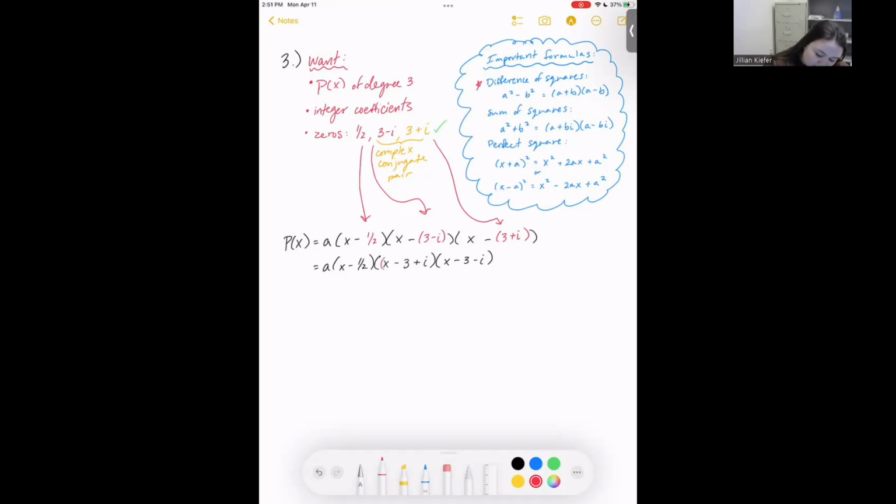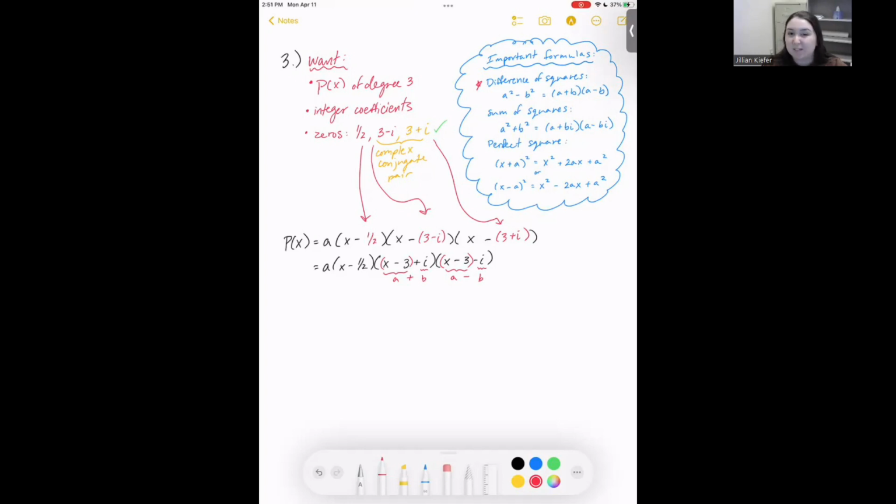We're going to draw parentheses around x minus 3 because we can use the difference of squares by saying that x minus 3 is a. It's an expression, but it's still going to work the same. Then i is going to be b. So these factors are a plus b and a minus b.